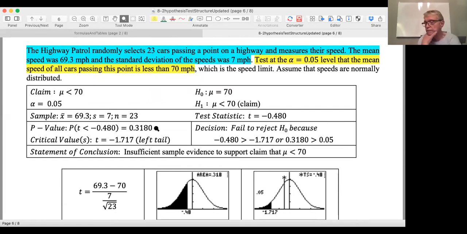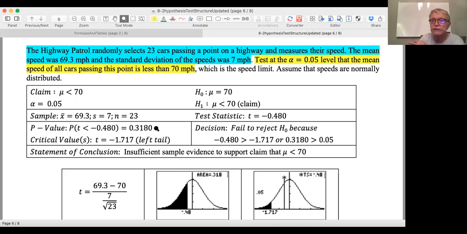And another thing I need to emphasize here is unless a problem specifically tells you to use p-value or specifically to use critical value or gives a critical value, you have a choice of doing either one, okay? You'll do one or the other.